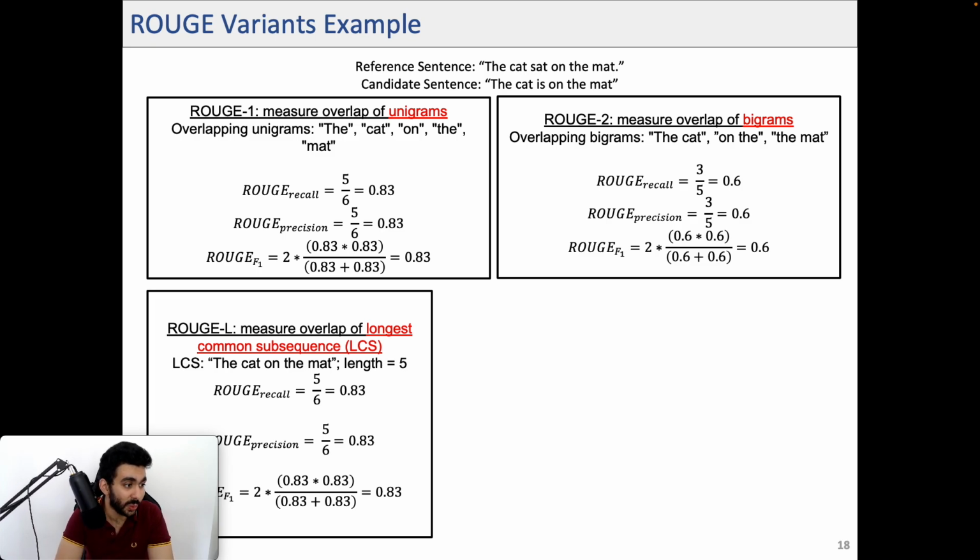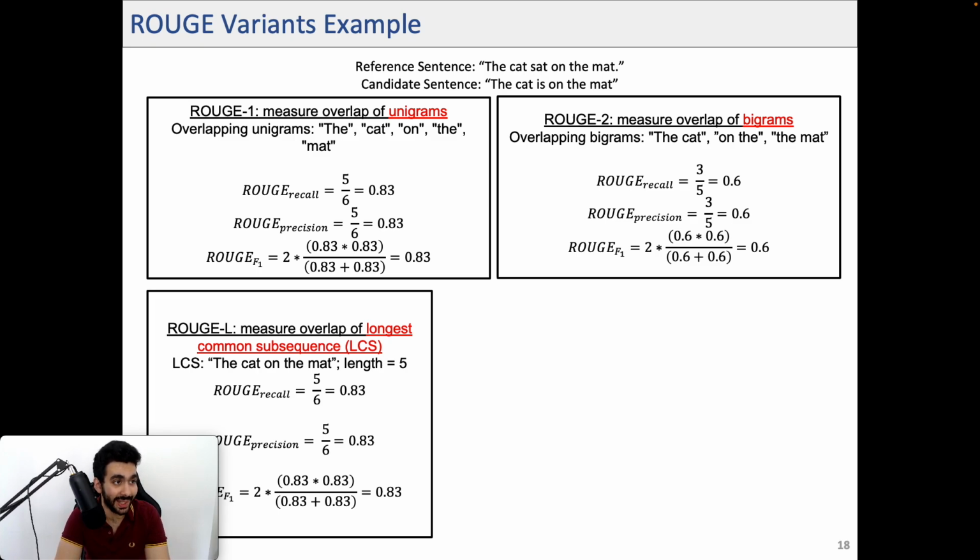Then we go to the LCS, the longest common subsequence. The longest common subsequence between the reference sentence and the candidate sentence is "the cat on the mat." What is that?